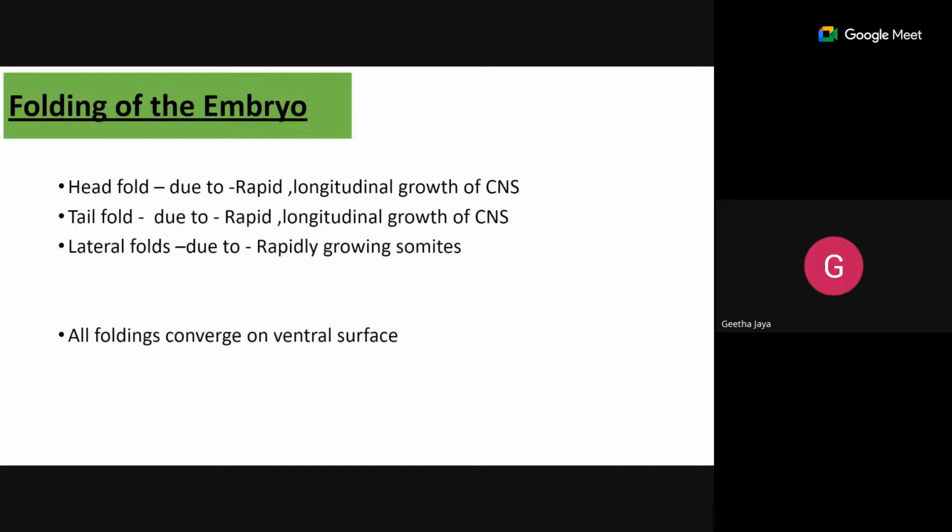So that is folding of the embryo. The head fold is due to the rapid longitudinal growth of the neural tube, and the tail fold is also due to the rapid longitudinal growth of the neural tube, which gives a firm base for the fold, whereas the lateral fold is due to the growth of the somites.